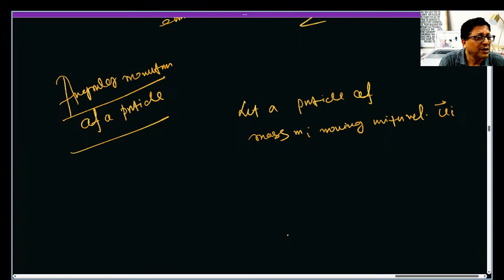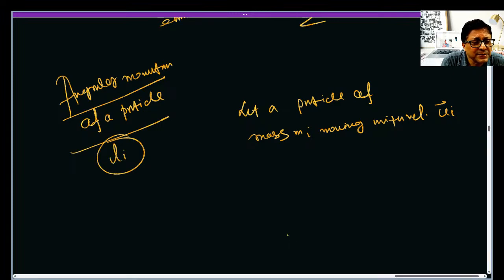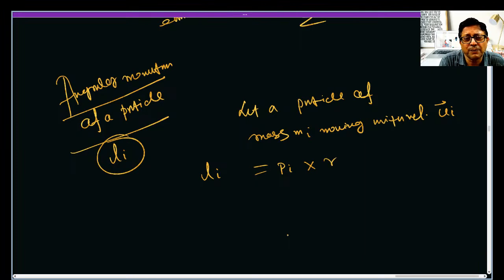Angular momentum, what is the term here? That L, small l, for a particle you write Li. We are going to define Li equal to Pi into R perpendicular. What is that?